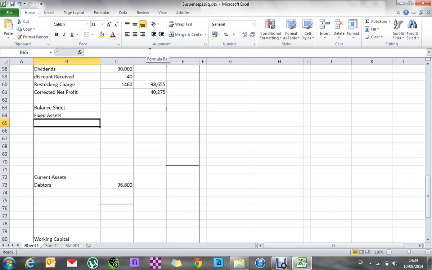So I'll copy the fixed assets that were given at the beginning of the question, which is premises, furniture equipment, and motor vehicles.